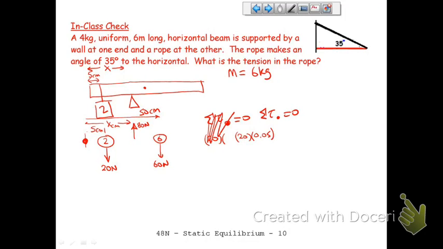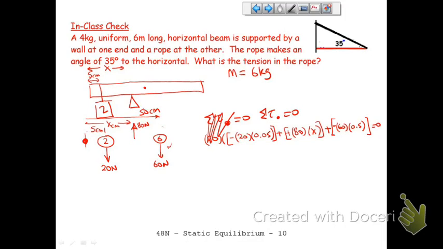And that's going to be in a clockwise direction, so that's a negative, added to my 80 times x, which is in a counterclockwise direction, a positive torque. And then I have my 60 times 0.5, which gives me a clockwise torque, so that's negative, equals 0.